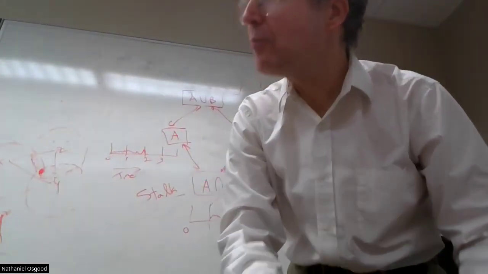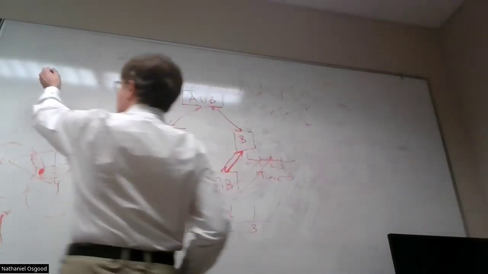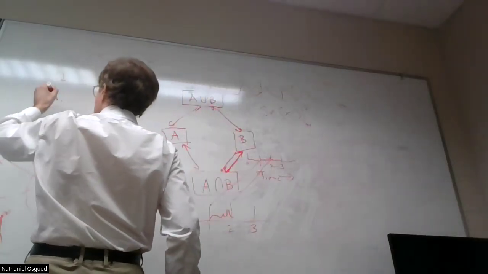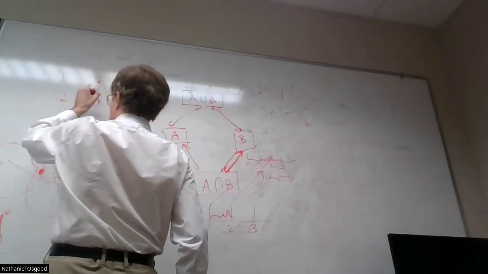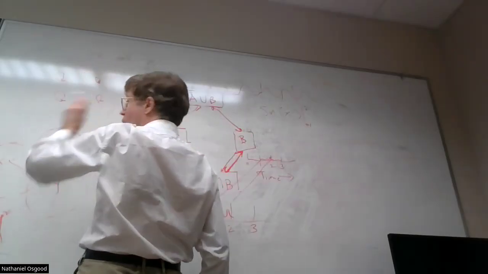So if we have objects like this, every object has what sort of morphism? An identity morphism, an ID morphism, right? And it's typically not drawn because it's always there.